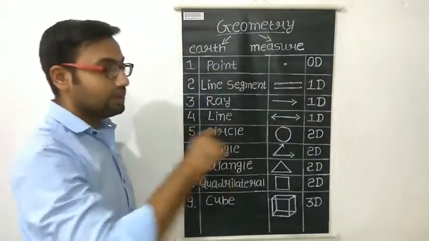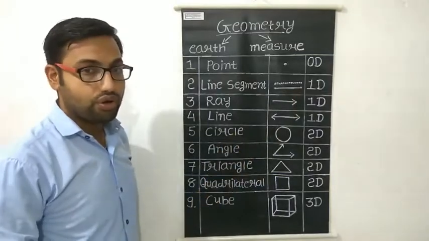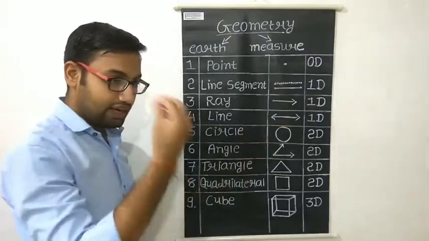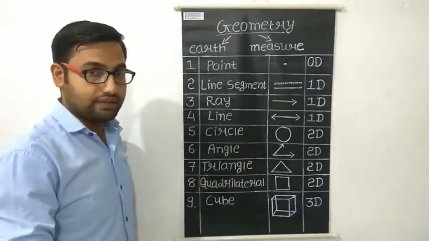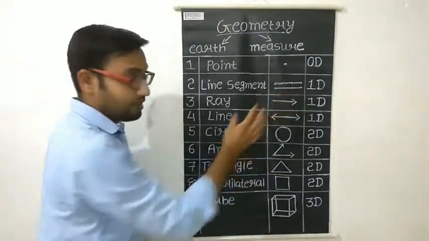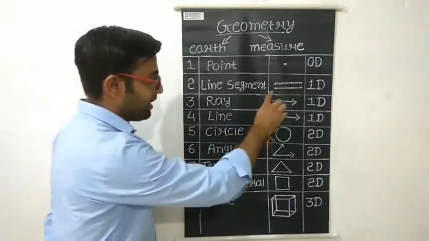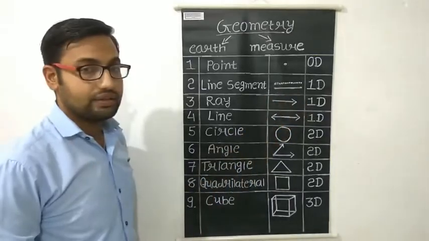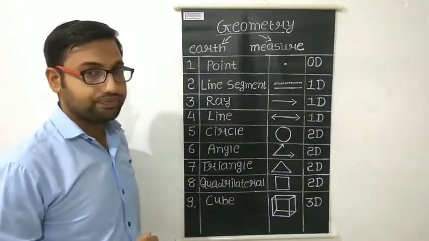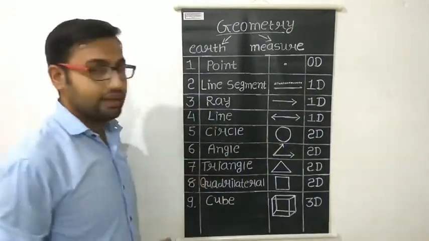It now has a length, like you can say it is 2 centimeter long, or 5 centimeter long, right? You can call it length or breadth or height. Out of these three, you can say anything for this line segment. But how many dimensions does it have? Only one.